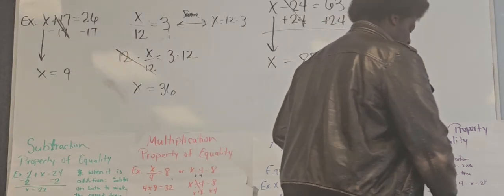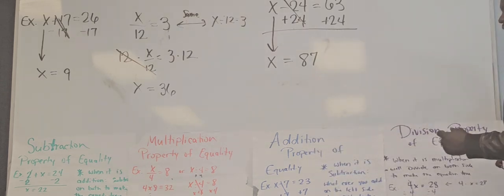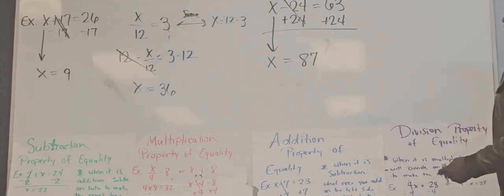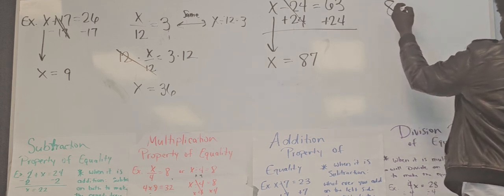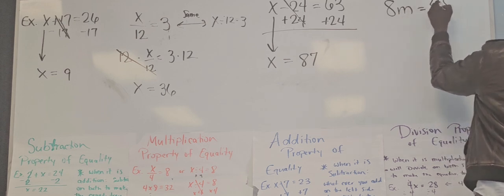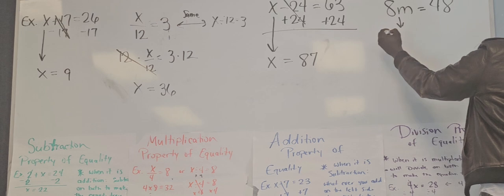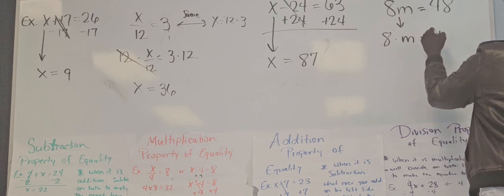Now last, we have division. Just like the other three, if you divide on one side, you have to divide on the other side to make the equation true. So if we have 8m equals 48, this 8m is the same thing as 8 times m equals 48.